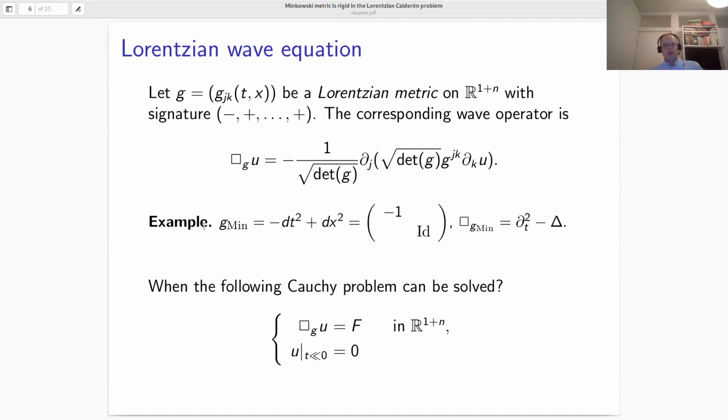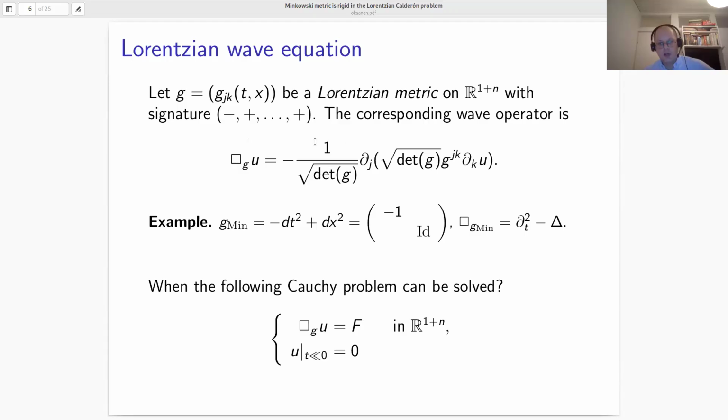And this leads me to this definition of the wave operator on a Lorentzian manifold. So now let's consider, and I'm not going to be on a manifold for this talk, to keep things simple and explain our new result. So it's in this setting. We have a Lorentzian metric just on this space, 1 plus n dimensional Cartesian space, and this is a smooth, matrix-valued function on that space, and the signature of this symmetric matrix is 1 negative eigenvalue, and the rest are positive.